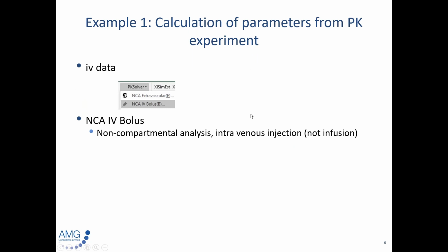So I'm going to start with an example using IV data. I've been using the non-compartmental analysis, the bolus intravenous injection version. There are other options which go into compartmental analysis and things like that.